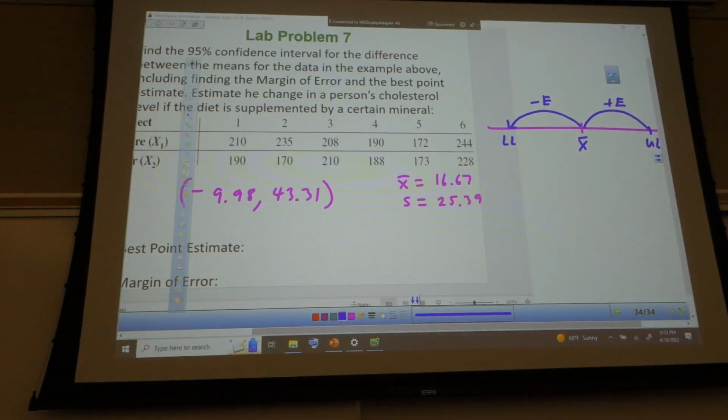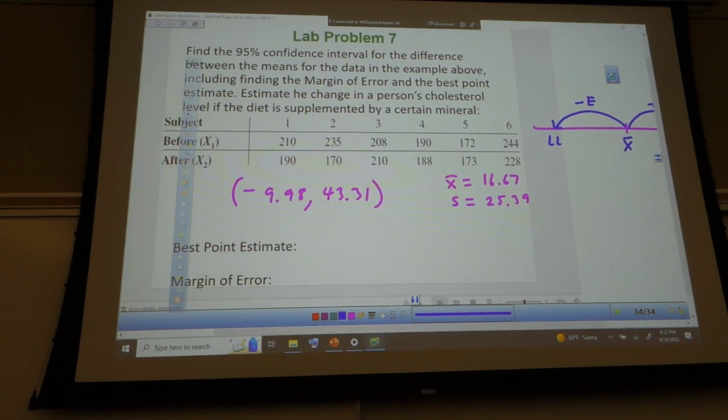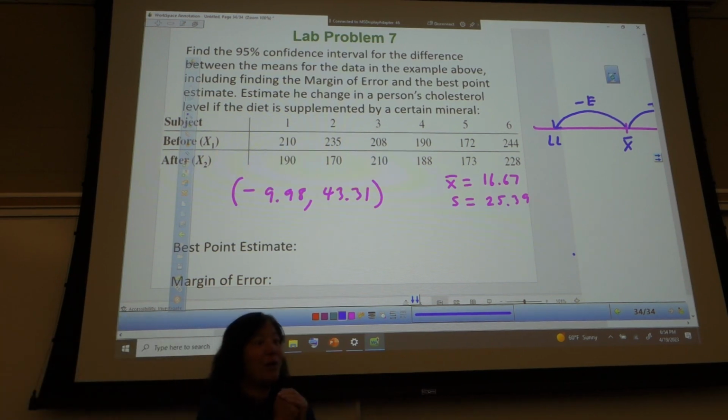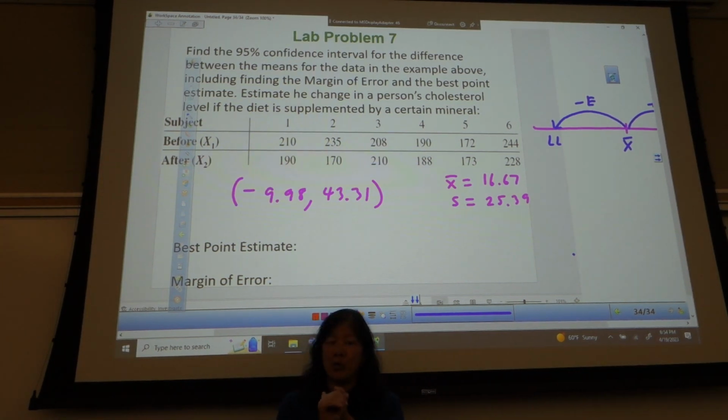All right. What is my best point estimate? Anyone? 26.65. Anybody else have a guess? What's my best point estimate? Anybody remember what my best point estimate is? My best point estimate is my x bar or my p hat. It's whatever you got from your sample.